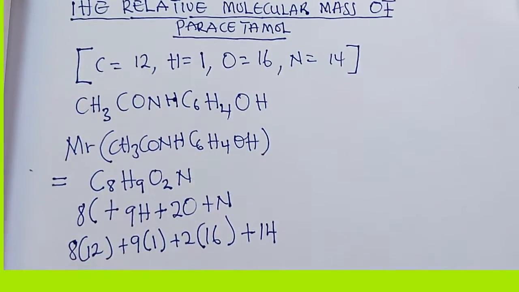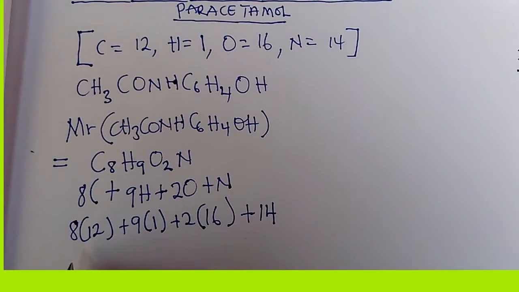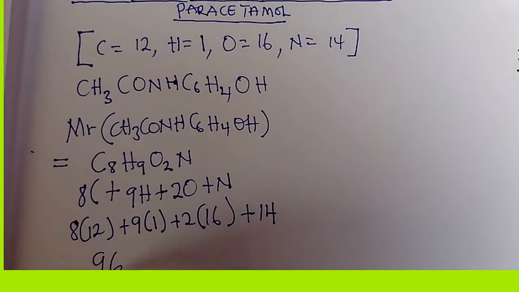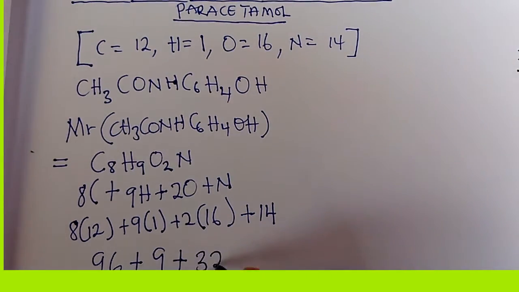Very easy. Let's continue. 8 times 12 gives me 96. Plus 9 times 1 gives me 9. Plus 2 times 16 gives me 32.